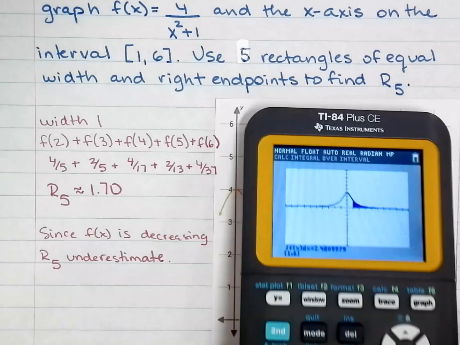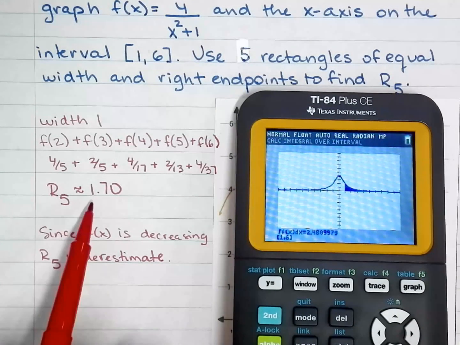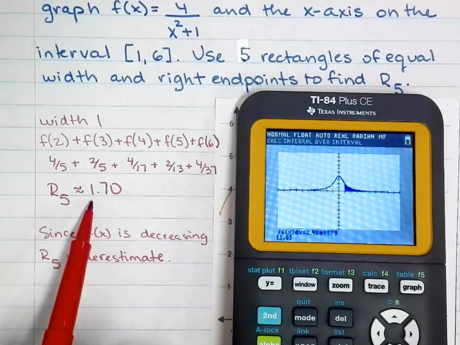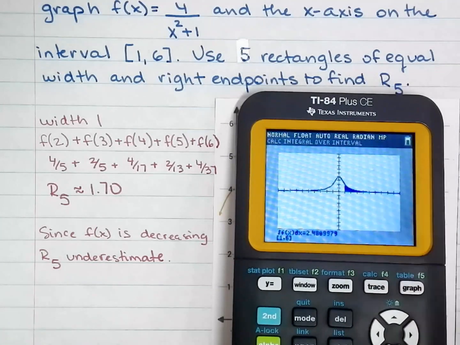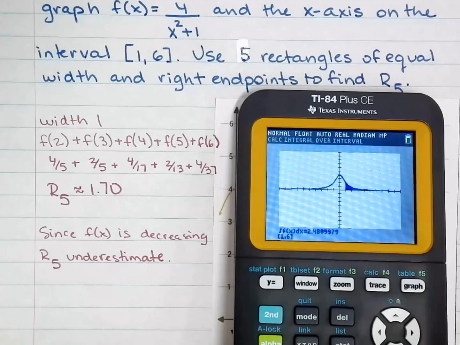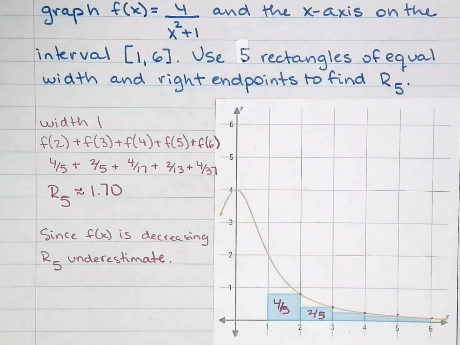Okay, and you can clearly see that with your math, you did end up with 1.7, and here the calculator gave you 2.48. So this is the main idea.